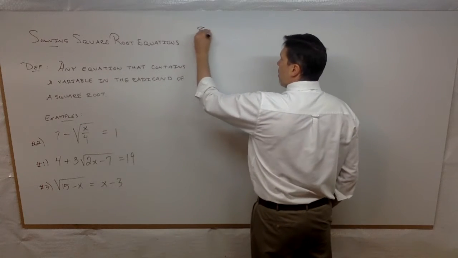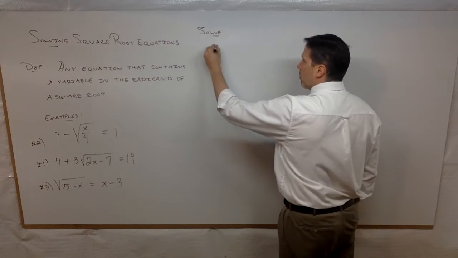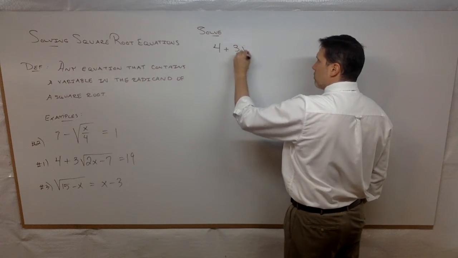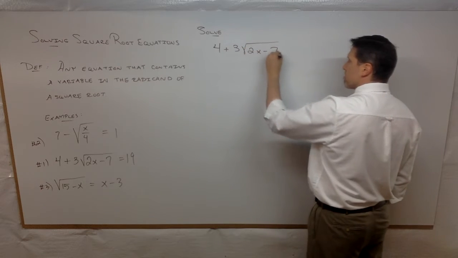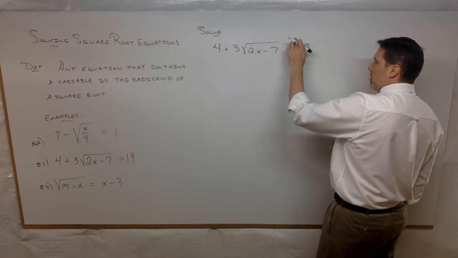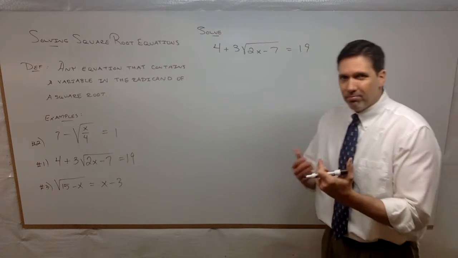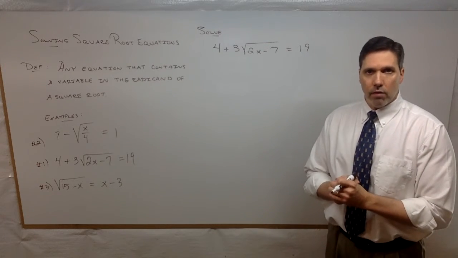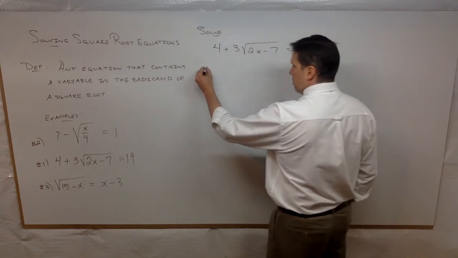Say you were asked to solve this square root equation: 4 plus 3 times the square root of 2x minus 7 equals 19. Besides looking extremely intimidating, they really aren't that difficult to solve. So if you can get past that, step 1, pretty easy.